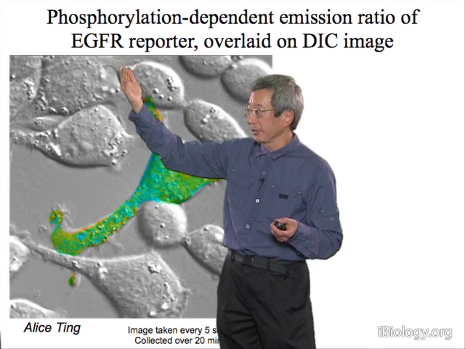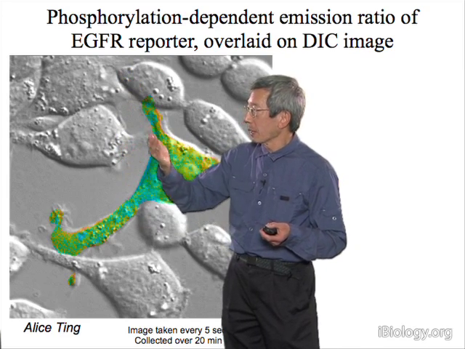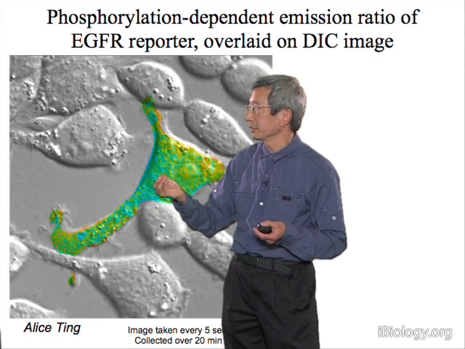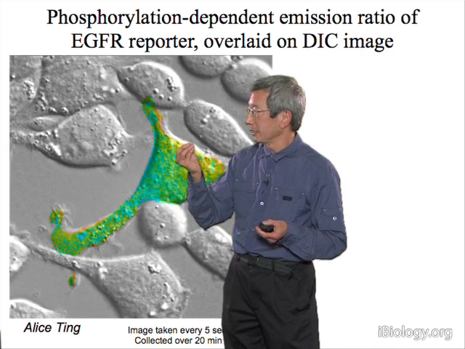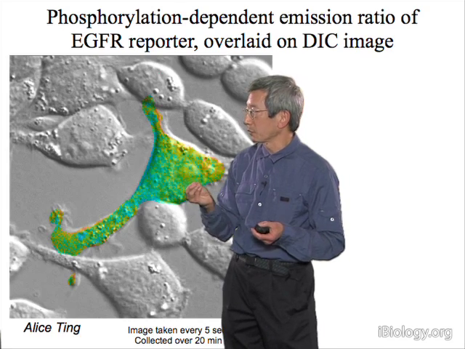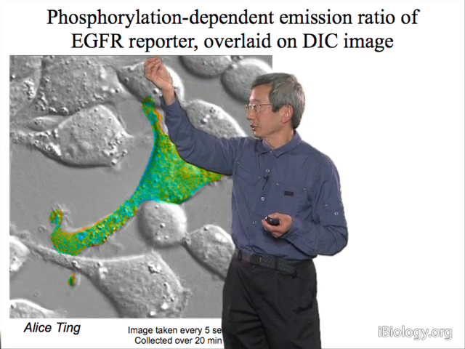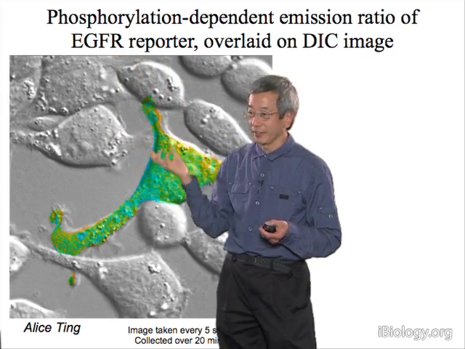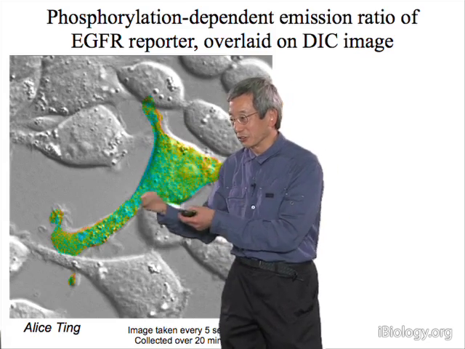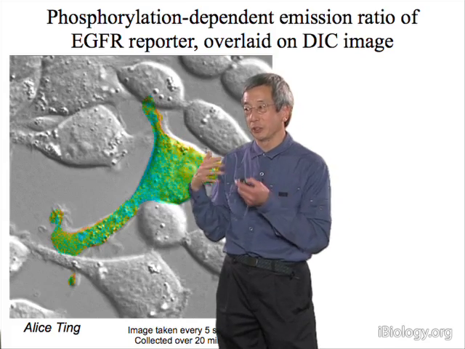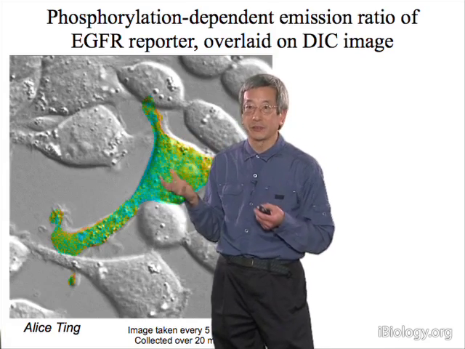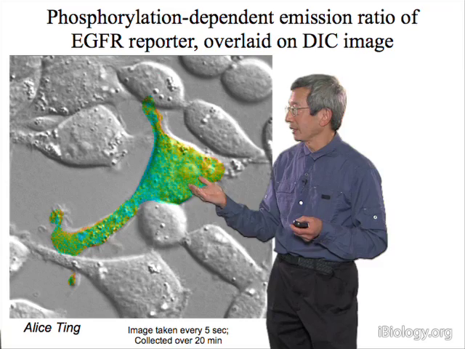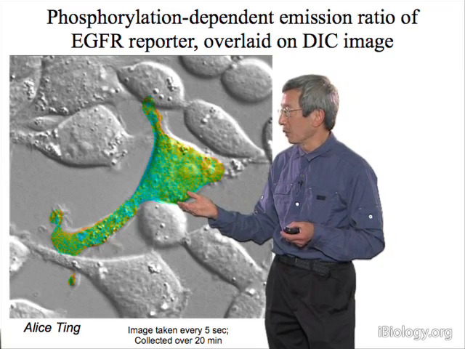When epidermal growth factor binds to the outside, it triggers the dimerization of this receptor, and then tyrosine phosphorylation occurs, and we arranged this reporter to be phosphorylated along with many other things, and then that phosphorylation causes the internal binding of an SH2 domain, which is a famous domain that likes phosphotyrosine, and we get an increase in FRET. So here's the cell before it's been stimulated, and then in a moment I'm going to start it.